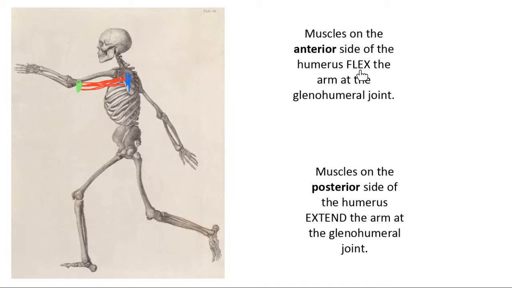Generally in the body, muscles that live on the back side do extension. Again, the one exception to that is what's going on here with the tibia. Since the knee joint is shaped oppositely to the rest of the body in terms of how it opens and closes, it's the opposite there. But for everybody else, these rules apply. You live on the front, you do flexion. You live on the back, you do extension.